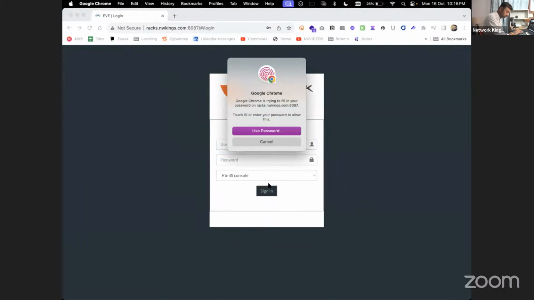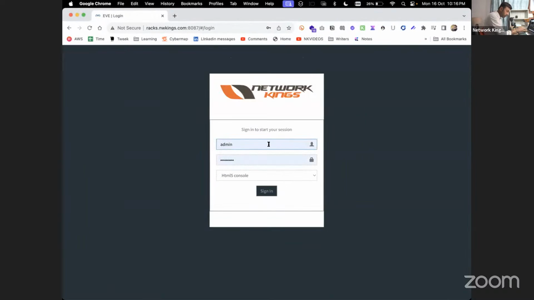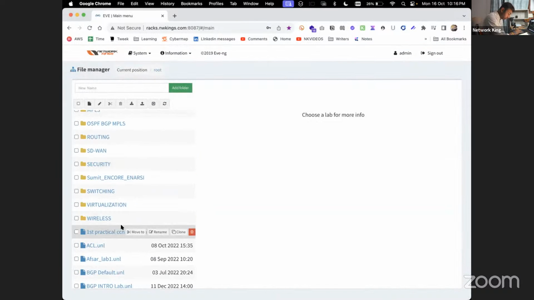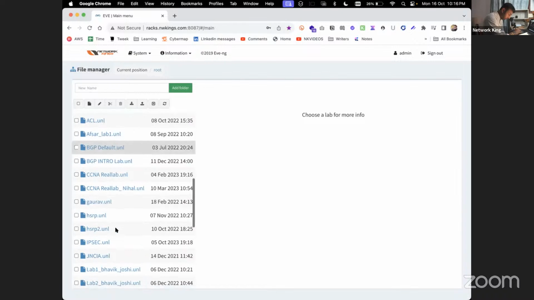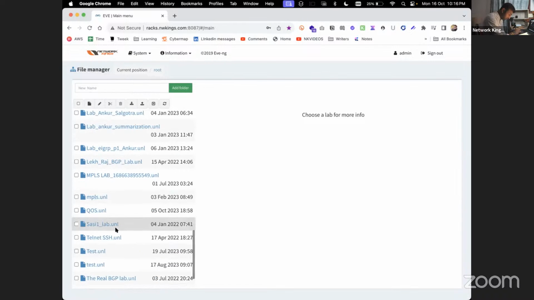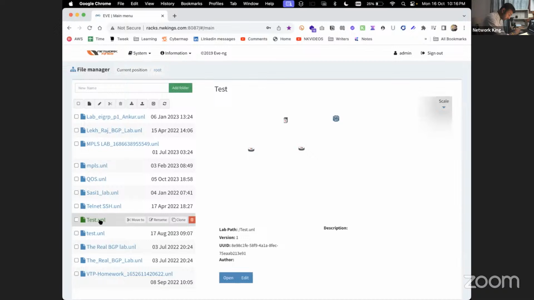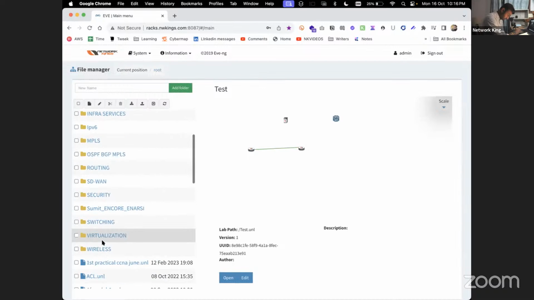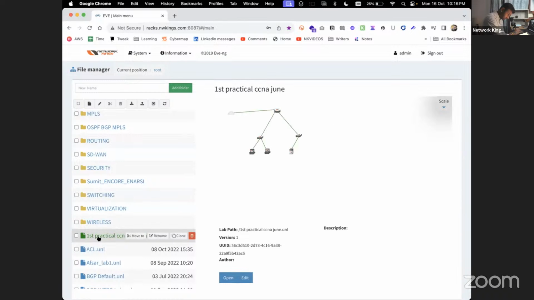So you will be getting a lab, something like a 2 PC lab. Yeah, so you can see, we want to connect two computers.